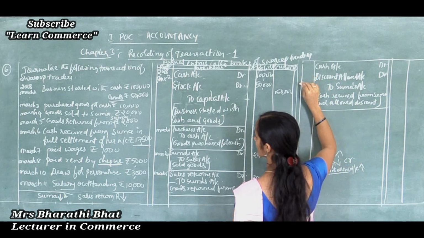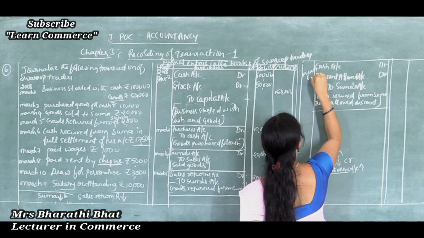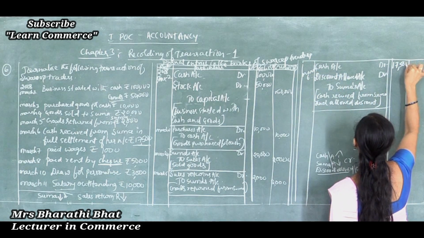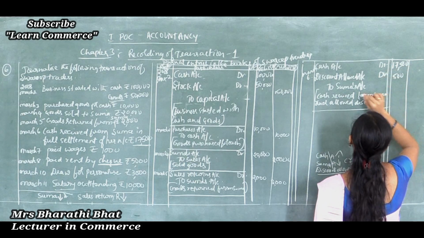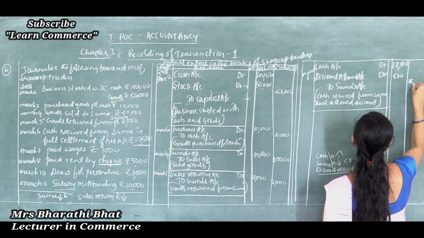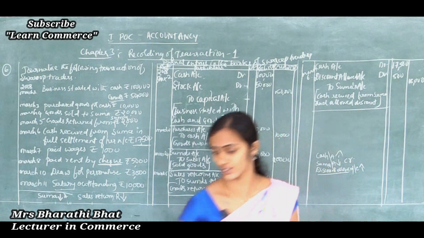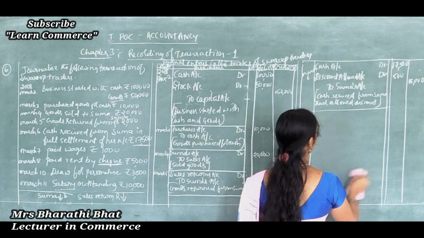Date March 6. How much received? 17,500. Discount allowed 500. Suma's account 18,000. So it is a compound journal entry.